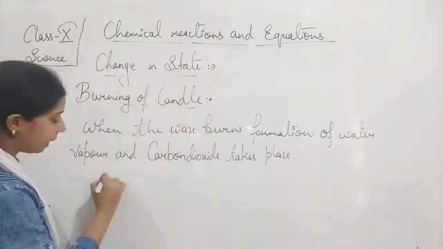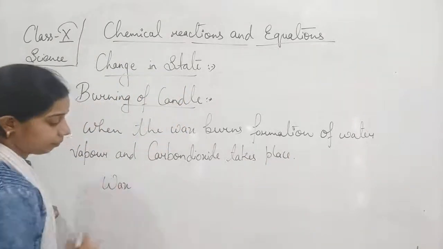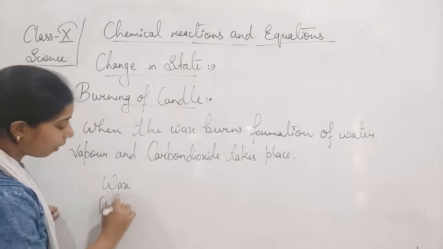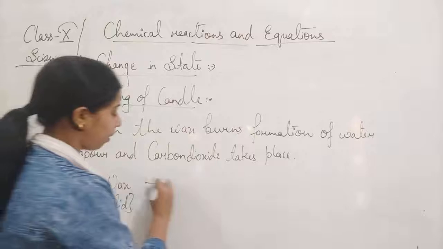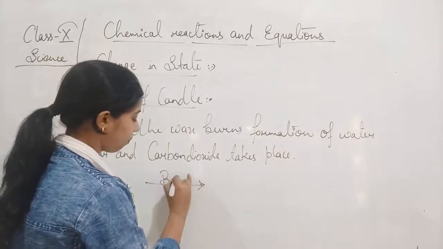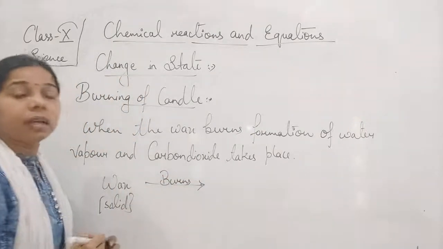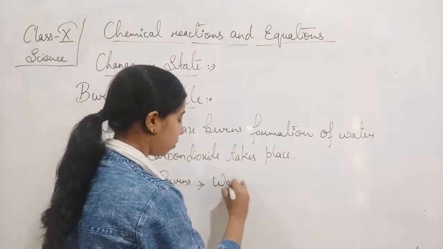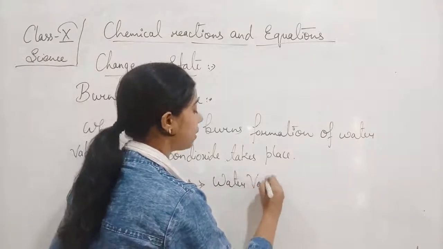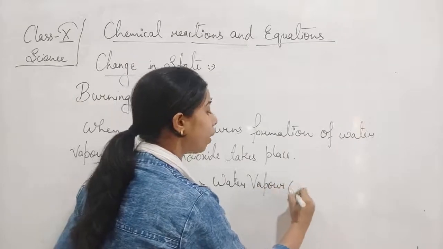So you can see here that the wax is a solid one. And when it burns, what happened? Through burning, there is a formation of water vapor, which is in the state of liquid.